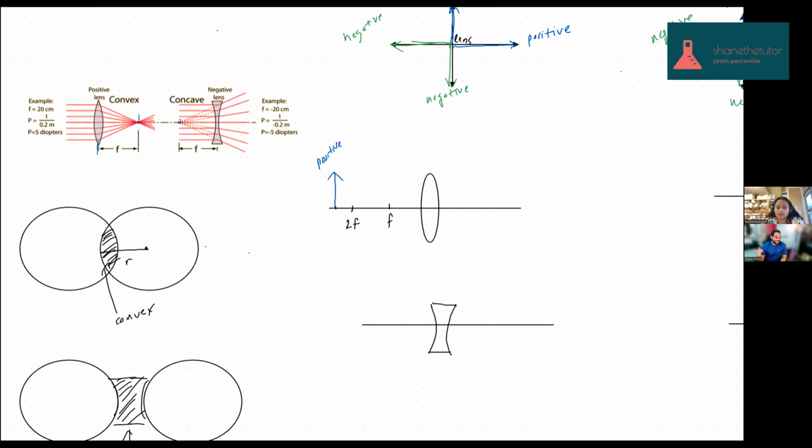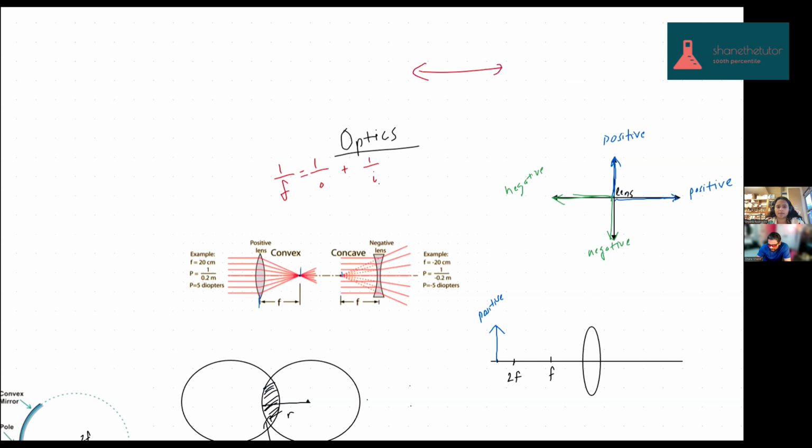Since it's to the left of the lens here, I should first say that when it comes to optics, you're going to have a formula: 1 over focal length is equal to 1 over object distance plus 1 over image distance. Left to right is going to be an object distance or an image distance.